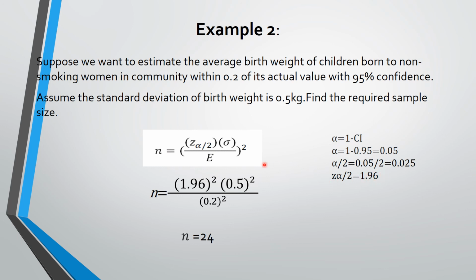So now we will put all the given values in the formula in order to calculate the sample size. Z alpha by 2 is 1.96, we have just calculated, and we will do the square of this, and population standard deviation is given, that is 0.5 kg. We will put this value and do the square of this over margin of error. Margin of error is given, that is 0.2, and we will do the square of this, and the resulting sample size would be 24.